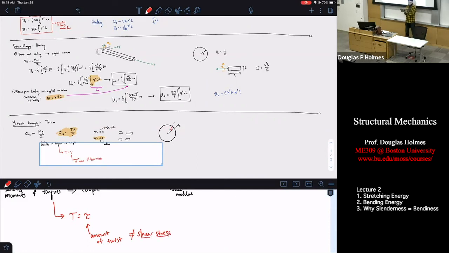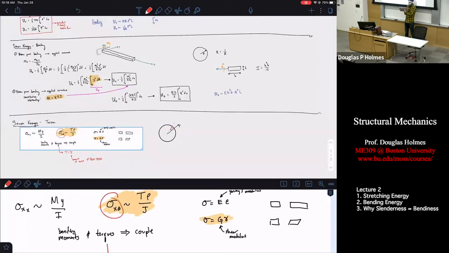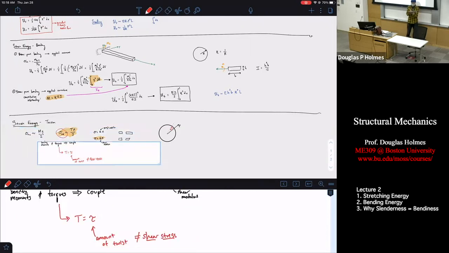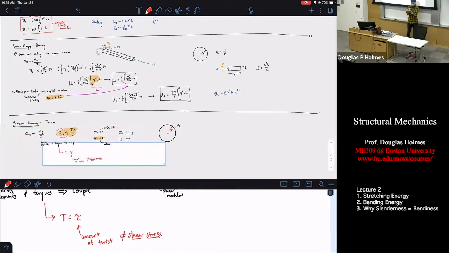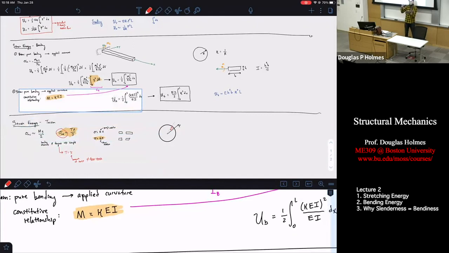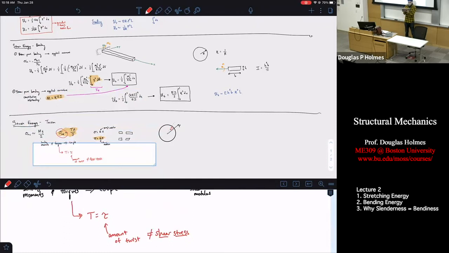I try to use my shear stress always with sigma because it makes the notation simpler. So if moment equals amount of curvature times E times the second moment of area, then torque equals amount of twist times G times the second moment of area. You can put all this together. You can check it on your own, but you probably already can guess what's going to happen here.